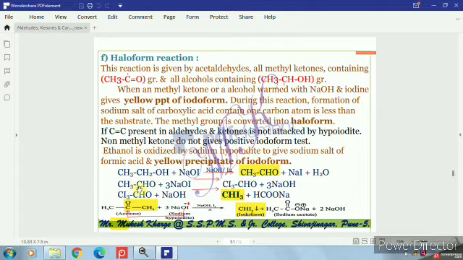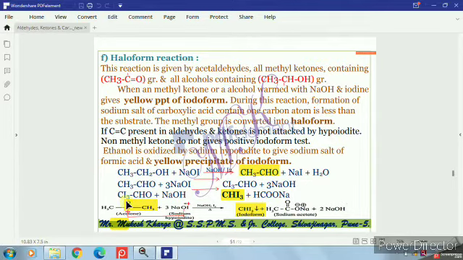Then that acetaldehyde, which contains the CH3CO group, reacts with NaOI, and the 3 hydrogens of the CH3 group get replaced by 3 iodines, giving 3 NaOH as a byproduct.